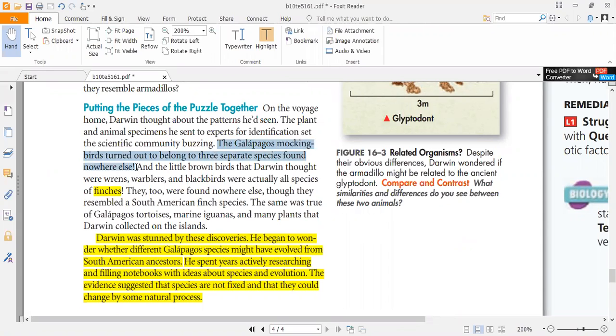And the little brown birds that Darwin thought were wrens, warblers, and blackbirds were actually all species of finches. They too were found nowhere else, though they resembled a South American finch species. The same was true of Galapagos tortoises, marine iguanas, and many plants that Darwin collected on the islands.